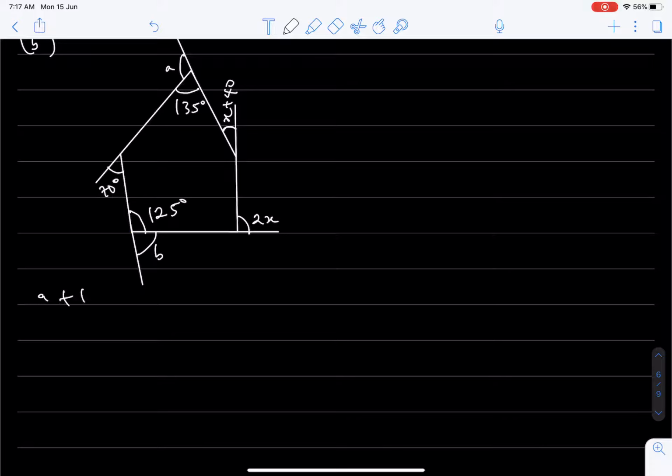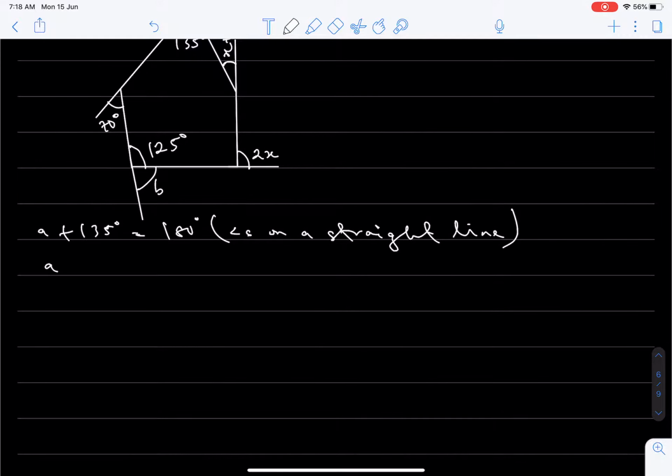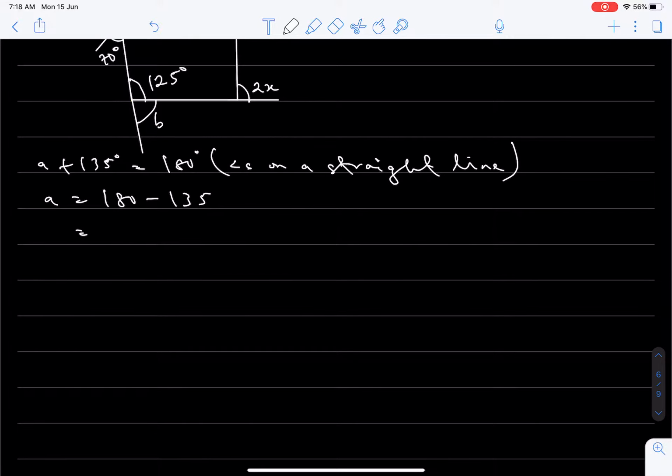So A plus 135 degrees equals 180 degrees. And the reason for that is angles on a straight line. The sum of angles on a straight line is 180 degrees. And that means A equals 180 minus 135, which is 45 degrees.